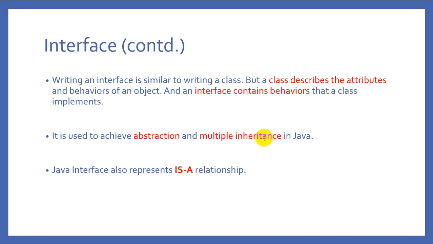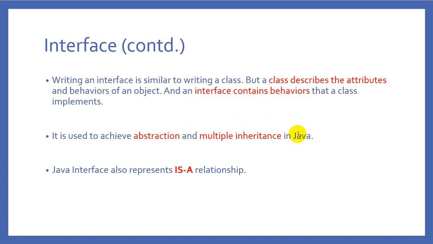Another one is multiple inheritance in Java. As you already know, in Java you can only inherit one class at a time. You cannot inherit multiple classes in Java. But whenever you want to use more than one functionality, those functionalities should be defined in the form of interfaces.